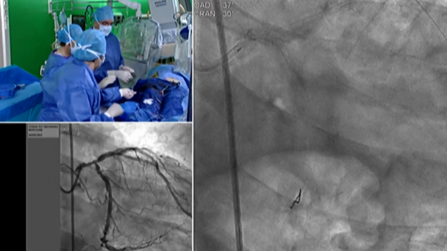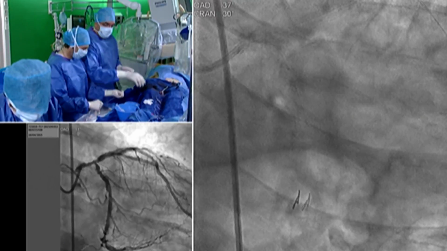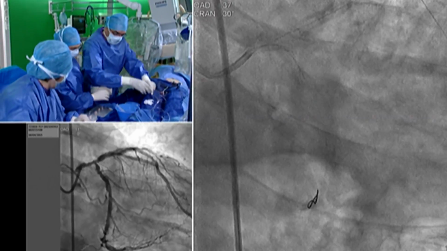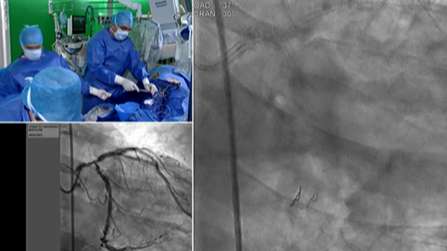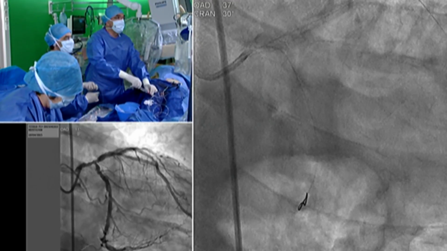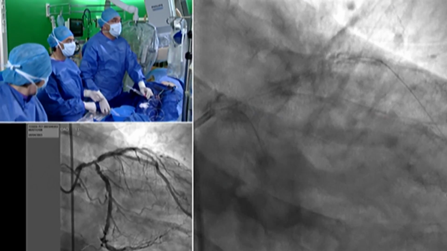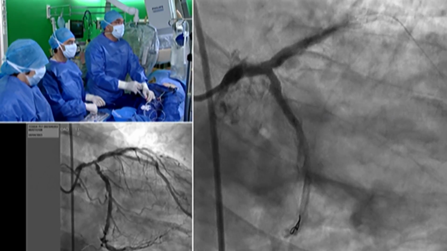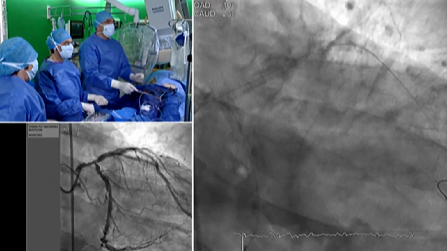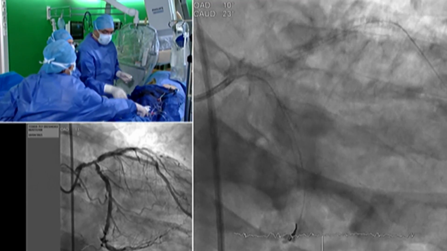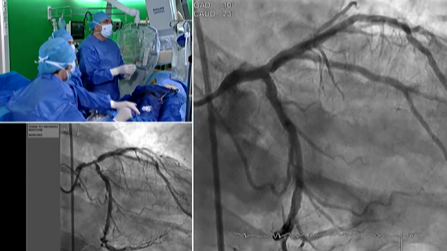OK, here we are. Dr. Fajade, can you hear us? One of the questions we have is, what is your anticoagulation regimen and antiplatelet regimen now? At present time, the patient was preloaded with 600 milligrams of clopidogrel.